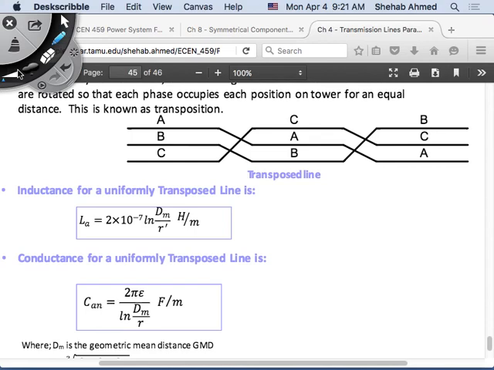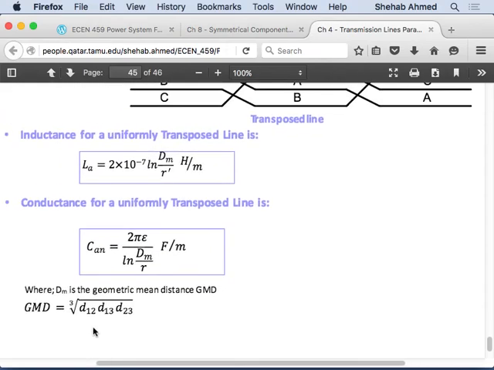So where do you calculate this D that I used before? You calculate it from this equation. This is D12, the distance between conductor 1 and 2, D13 between 1 and 3, D23 between conductors 2 and 3. The cube root of these distances will give you the equivalent D, the geometric mean distance between the conductors. Then you just use the same D in the equation that I gave you.